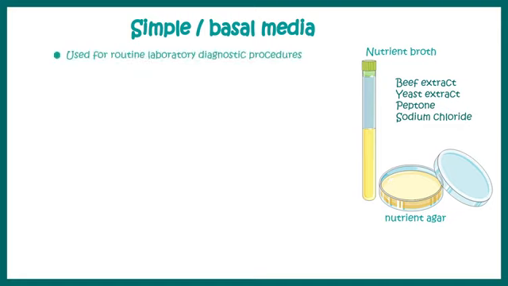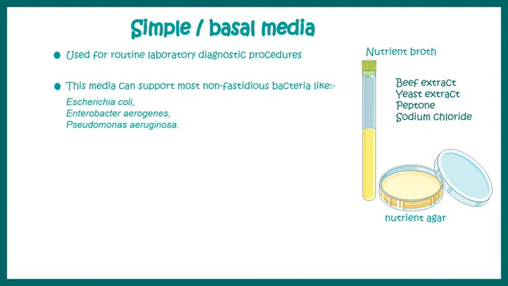These kinds of media are used routinely in labs and they are generally used to grow non-fastidious bacteria like Escherichia coli, Enterobacter, and Pseudomonas aeruginosa. They have a very simple composition. They need a carbon source, a nitrogen source, and some salts.